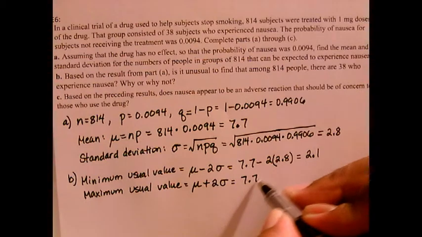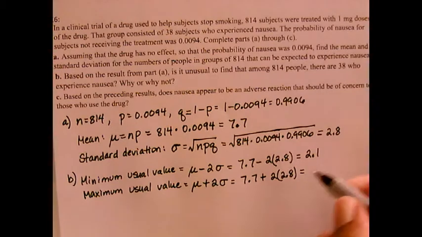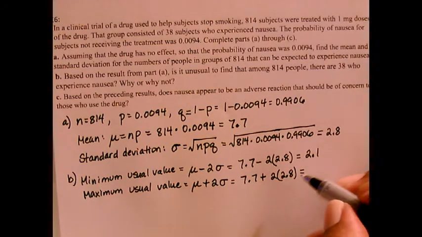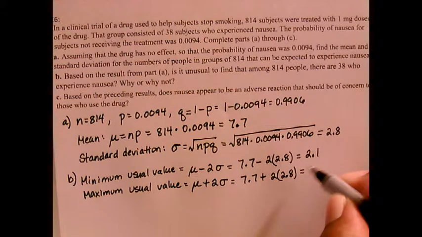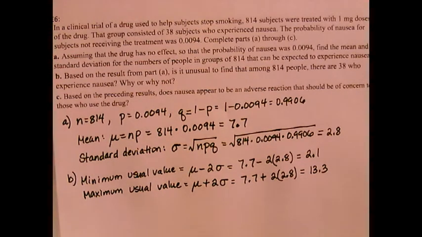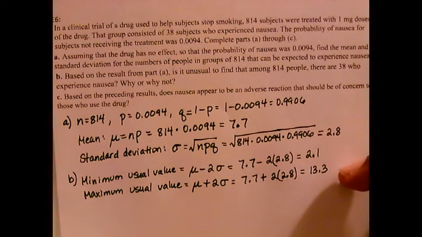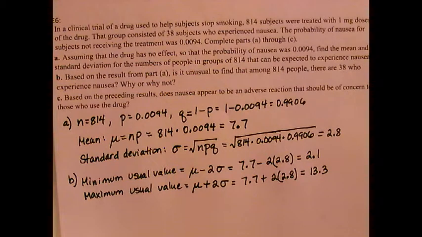Your mu is 7.7 plus 2 times 2.8, which will give you 13.3. So your range of usual values will be from 2.1 to 13.3.